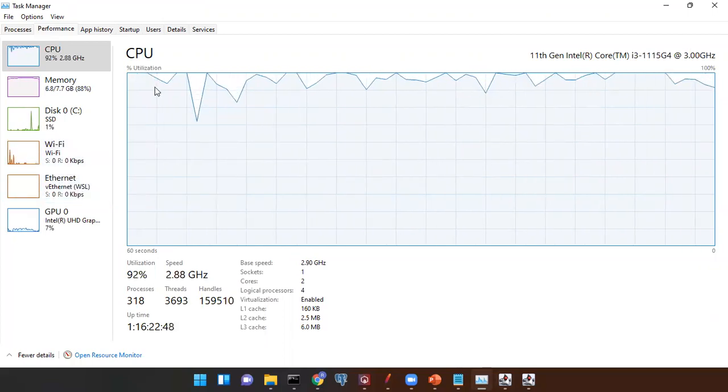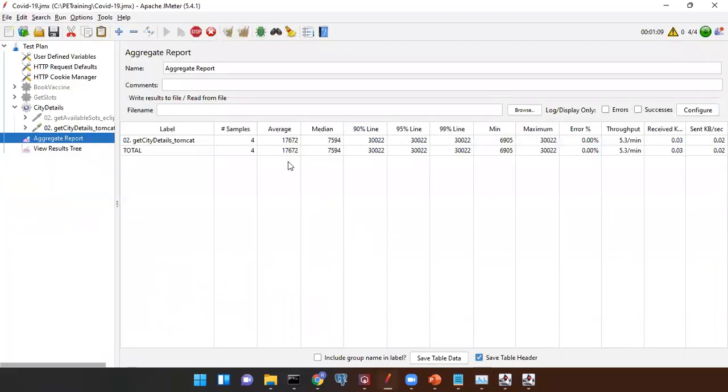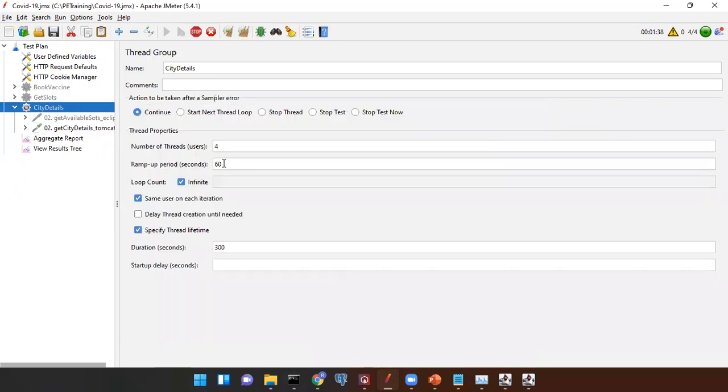So there is no network involved here. If at all response time goes high, maybe one of the reasons is the CPU. If you observe, the median is around 7.5 seconds and the 90th percentile is around 30 seconds. It means as the load on the system increases, the response time also increases, because minimum is around 7 seconds and the 99th percentile is around 30 seconds, because we have a ramp up of 60 seconds.